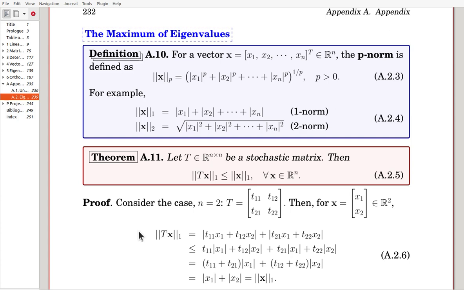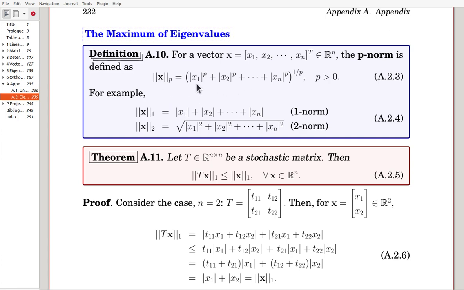Now, let's start investigating eigenvalues of stochastic matrices. In order to do that, particularly the 1-norm is very useful. Here we begin with a definition of the p-norm. For a vector in Rn, the p-norm is defined as in this equation.